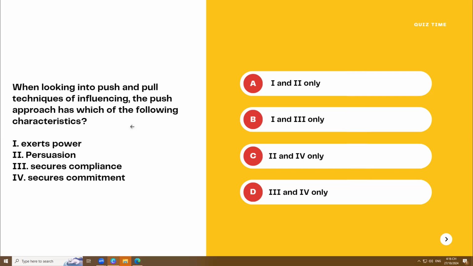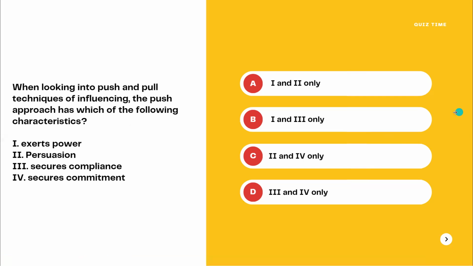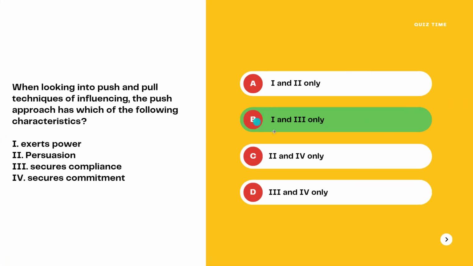Here we need to select the two best answers. Therefore, compliance and power tend to be typical characteristics of push. Since we only have to select two, it should be B, 1 and 3 only.